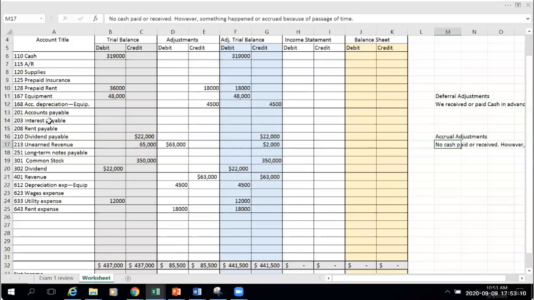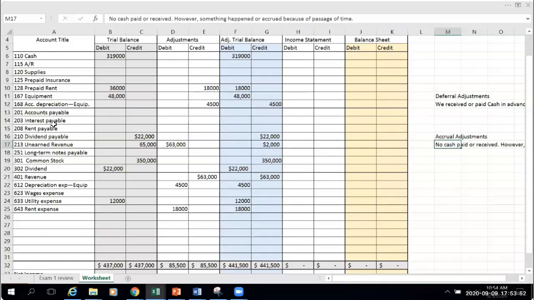Because of passage of time, the interest now is due and you need to calculate how much the interest is due so you can pay it. To calculate it, you take the liability principal that you borrowed, let's say $100,000.